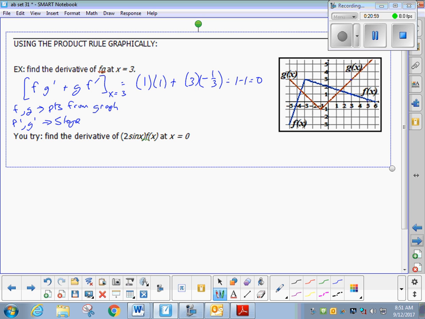Okay, you try. Take the derivative of 2 sine x f of x at x equals 0 using the product rule.